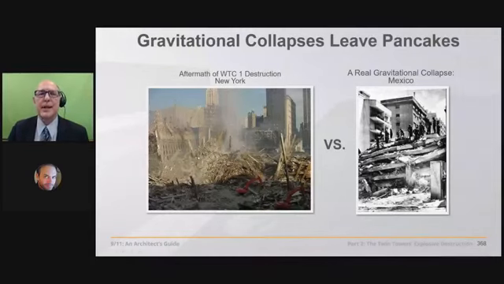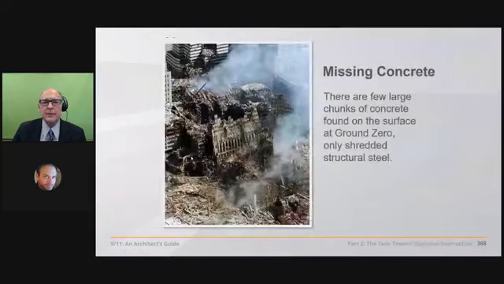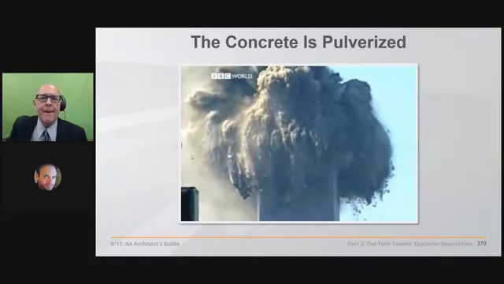There were 110 of them, each of them an acre in size. We don't see 50 of them. We don't see 10 of them. We don't even see 1 of them. What happened to the concrete? It is clearly missing. 90,000 tons of it. Oh, it's pulverized in midair.